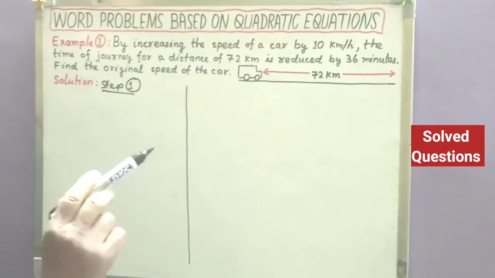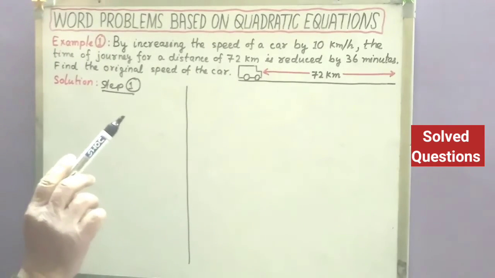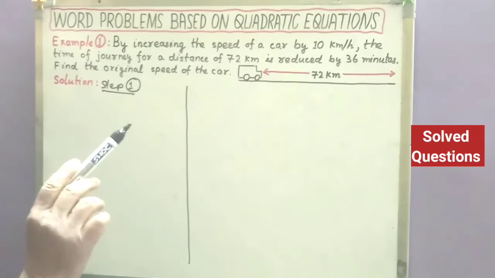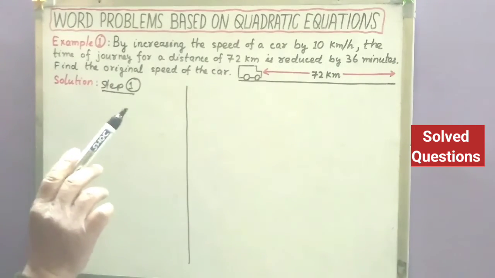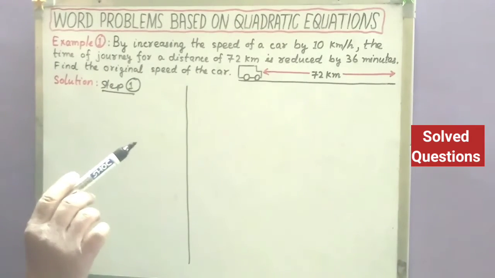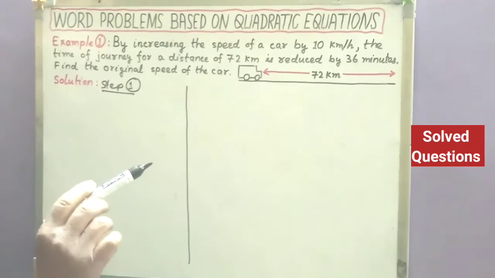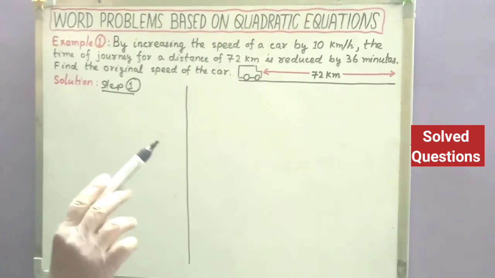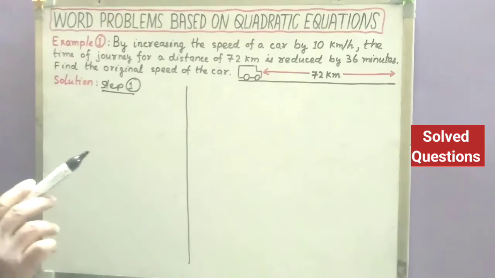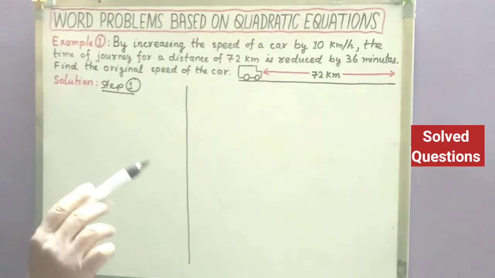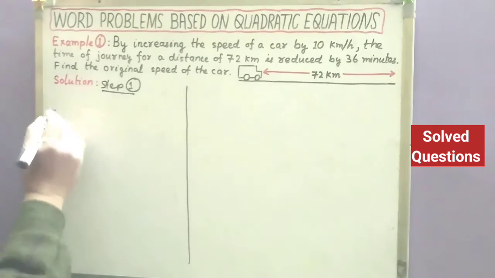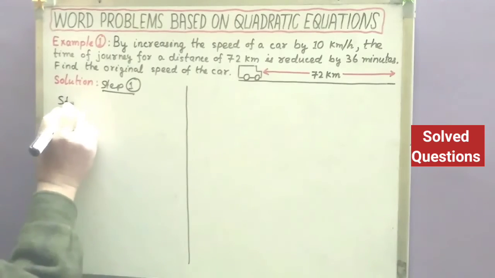Keep in mind what is given, such as first, a distance of 72 km. Second, original speed is increased by 10 km per hour. Third, time of traveling is reduced by 36 minutes. Also, identify what is to be found out, that is, the original speed of the car.